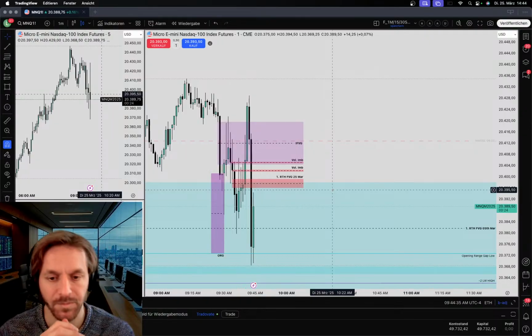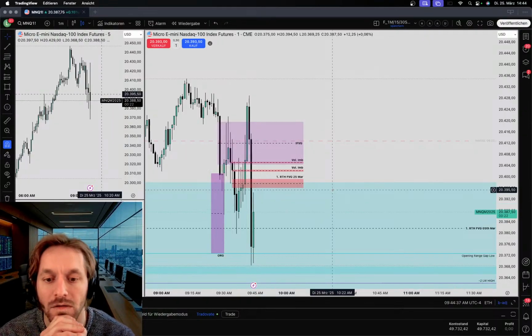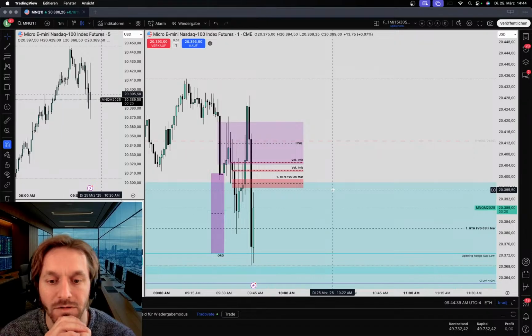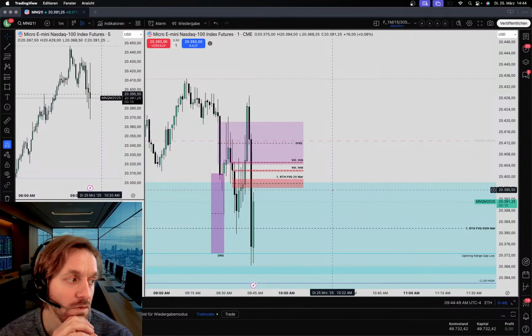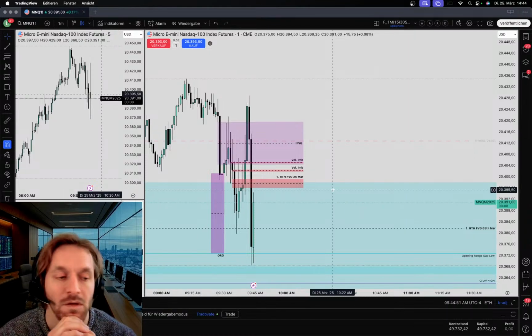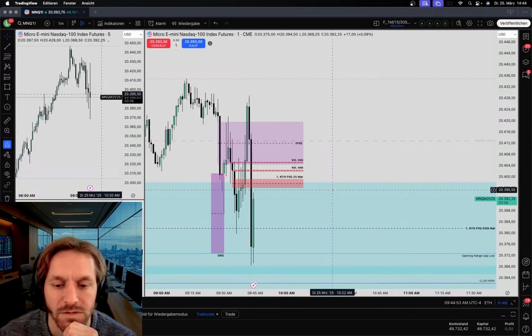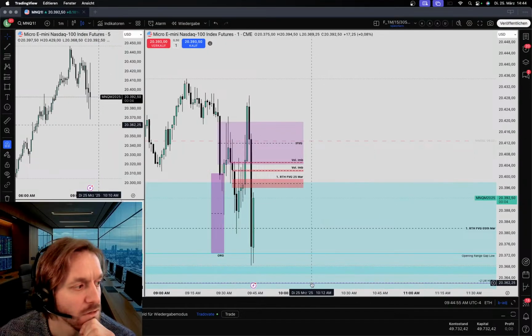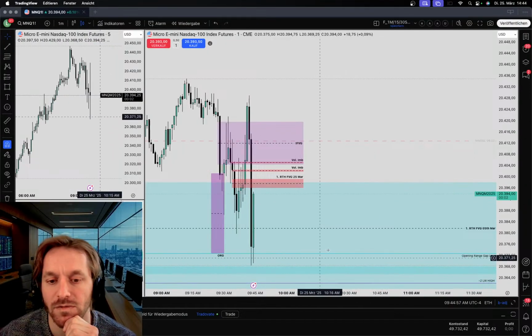And now we test price from the downside. I want to see higher prices. Is this the real last? Yeah, it's the second previous last week's low.